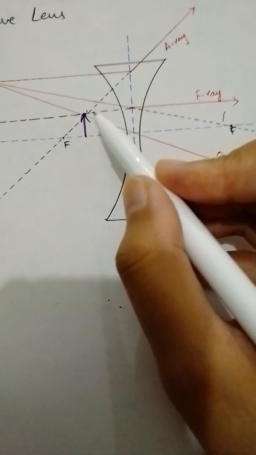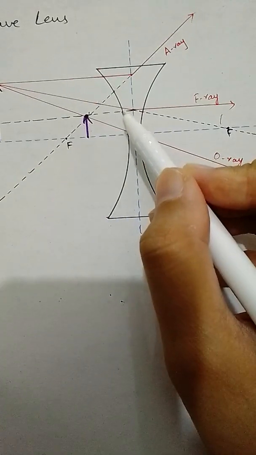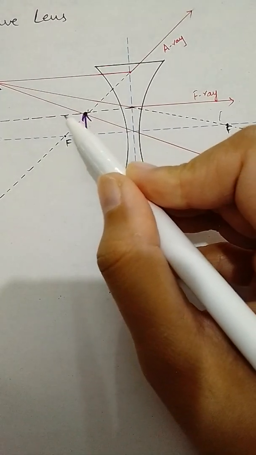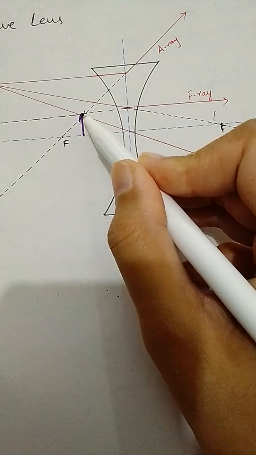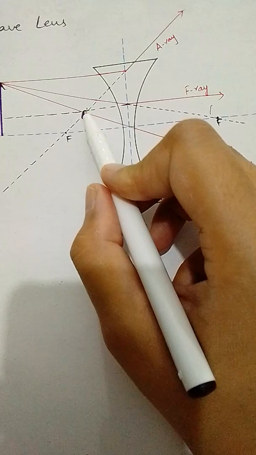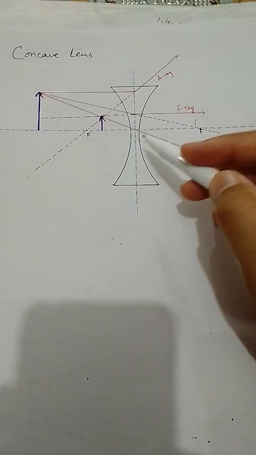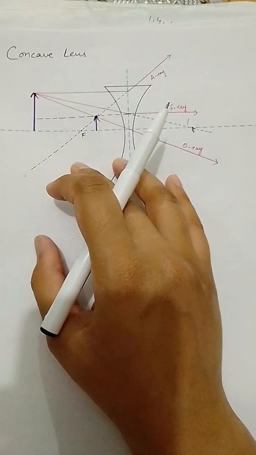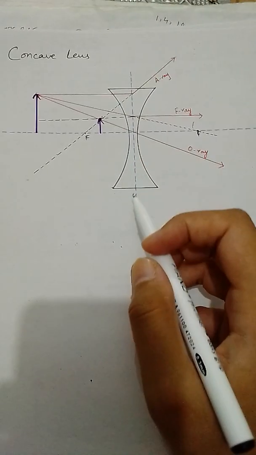So we see that this ray and this ray meet at a point where the image would originally be formed. If you see, these were dispersed, but in case of concave lens we have to retrace these lines in order to get the intersection point, which is the actual point where the image shall be formed.